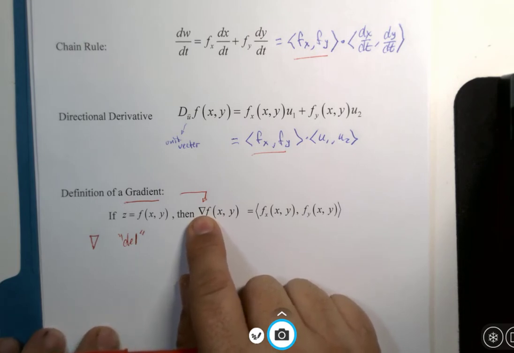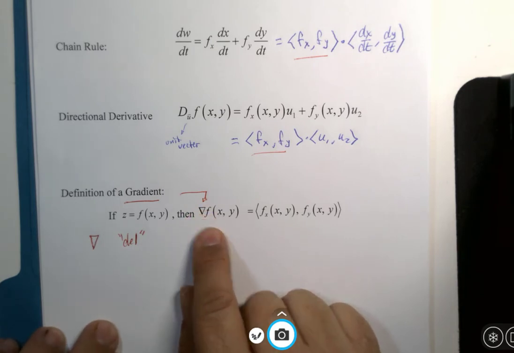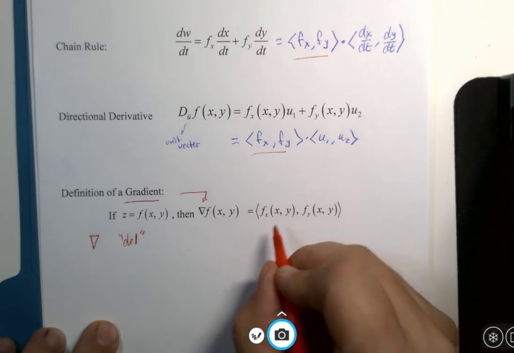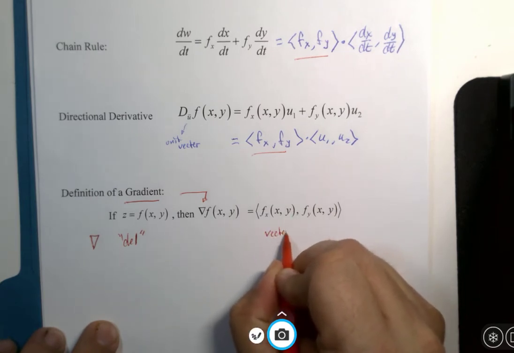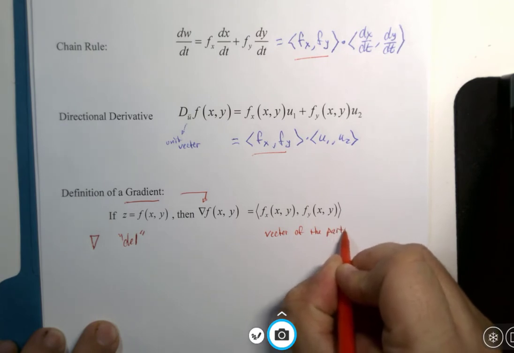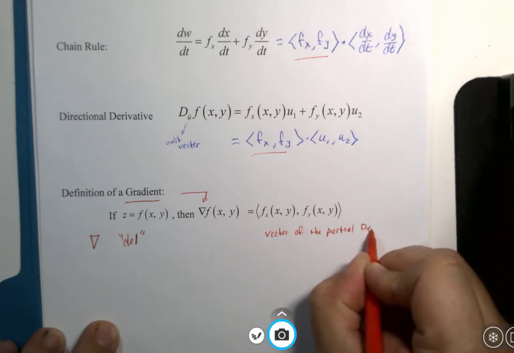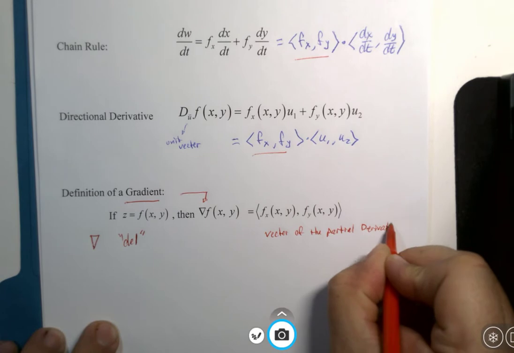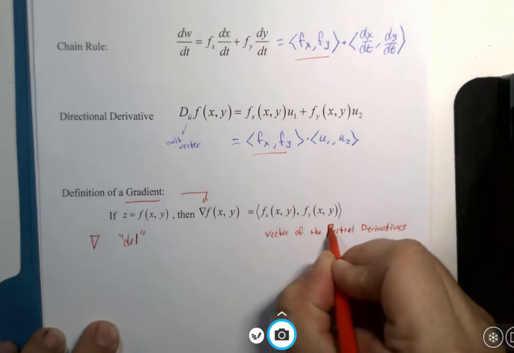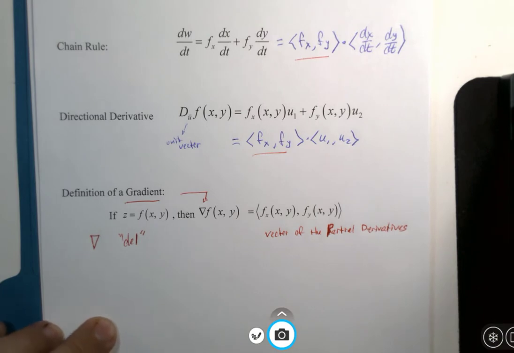So the gradient of a function is a vector you get of the partial derivatives. So it is a vector of the partial derivatives. Let's make that a capital P. It's important.